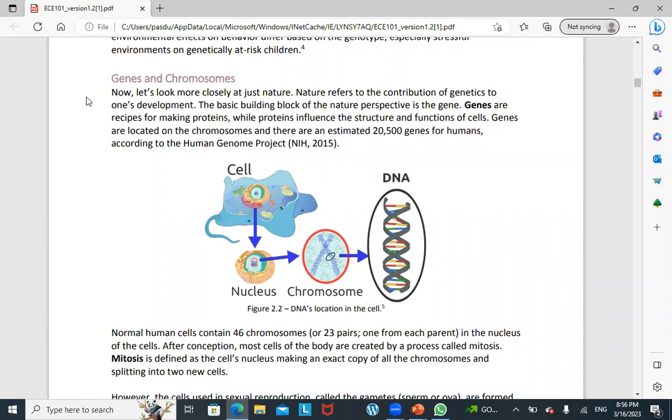In the nucleus of the child cells, how many pairs are there? 23. 23 pairs means altogether 46 chromosomes, right? Out of these, 22 contain genetic information, like intelligence, maybe color of eyes, skin, and all that. But one pair alone, from both parents, decides the sex of the child.